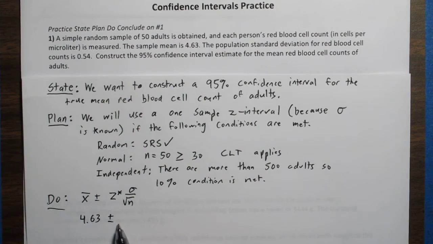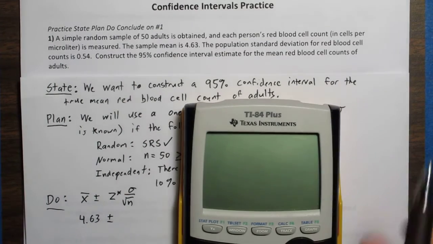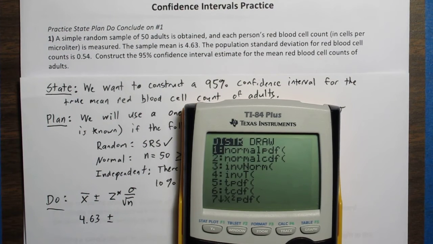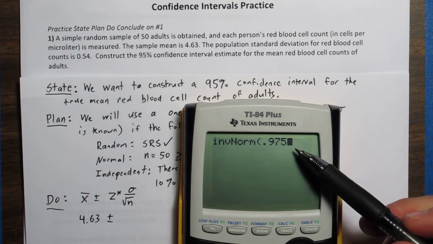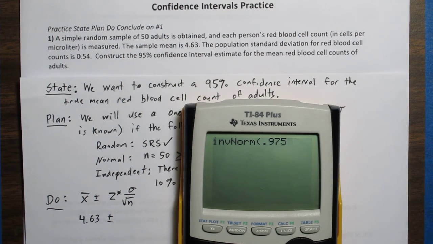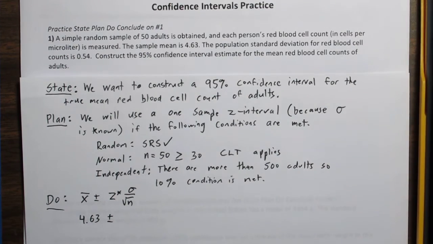Plus or minus, to get Z star, we can do inverse norm 0.975. And the reason we don't put 0.95 in here is because inverse norm works like this.